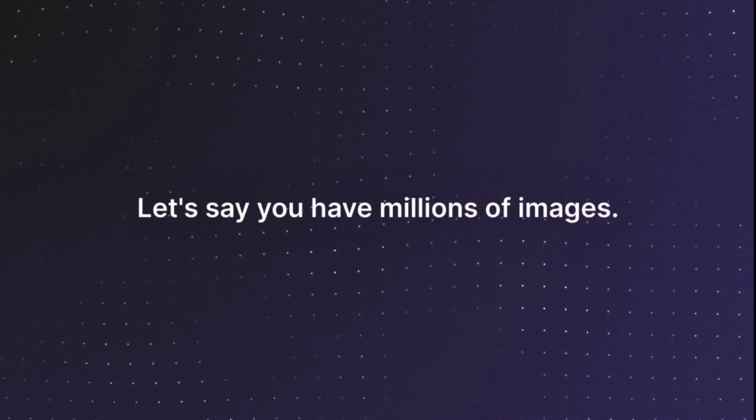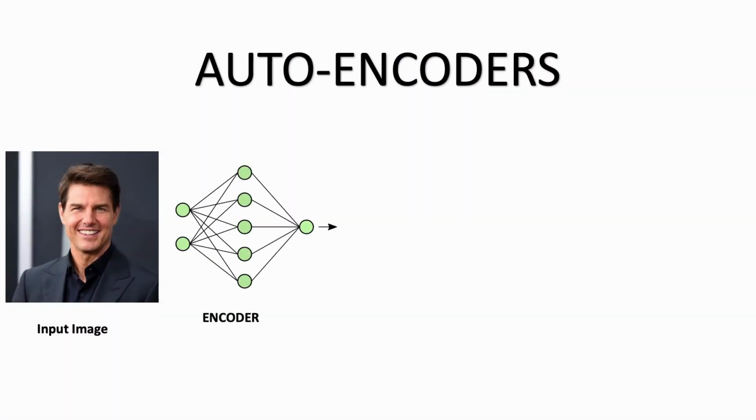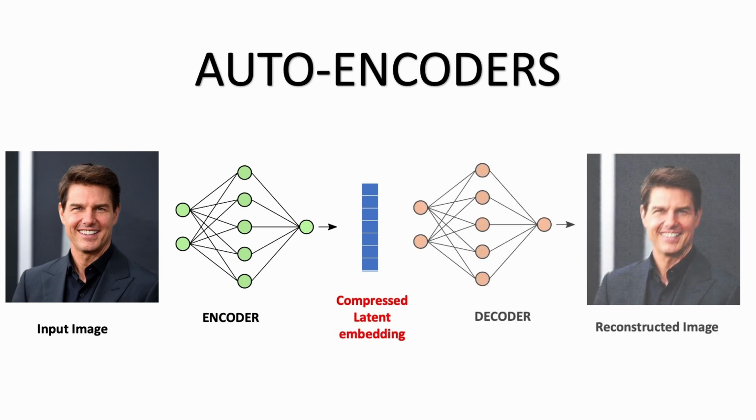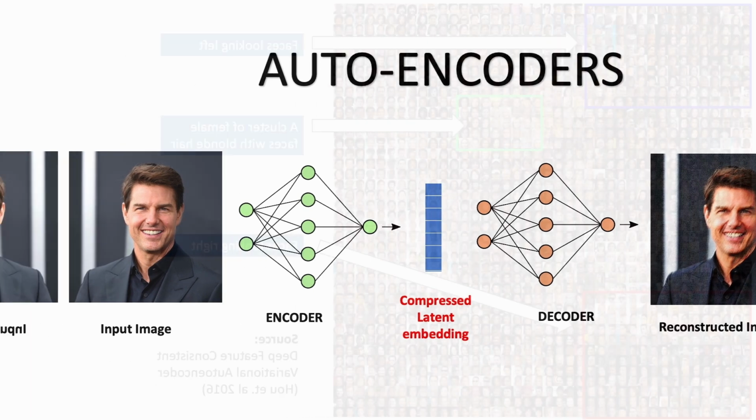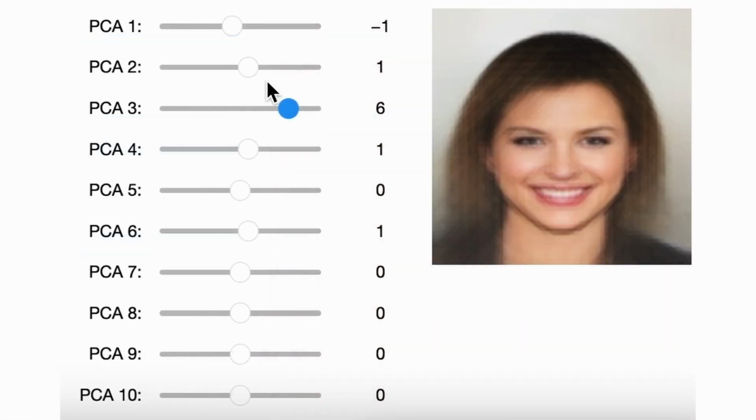Let's say you have millions of images of shape 512 by 512. The encoder model will generally compress these images into a much smaller one-dimensional vector, say a 100-dimensional vector. And then the decoder model reconstructs the original image back from this 100-dimensional vector. This compression and expression captures the essential features about the images inside this latent space.